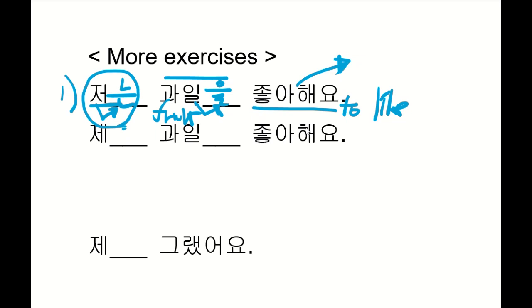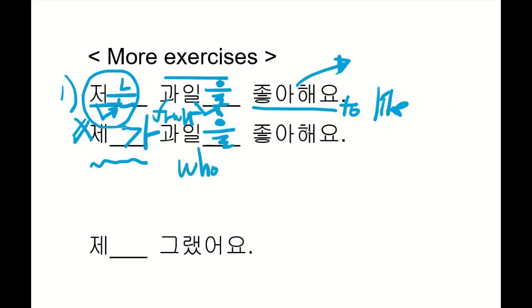Okay. But if you use 제가 과일을 좋아해요. So this subject marking particle, they are not the same, right? If you say 제가 과일을 좋아해요 with this subject marking particle, then imagine the situation. People talk about what they like, and someone asks, who likes fruit?